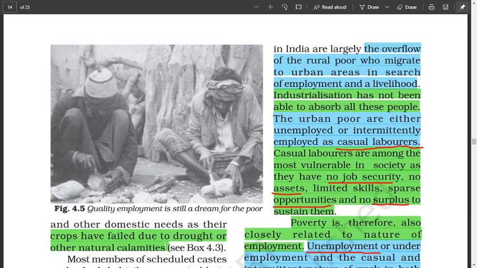So most of the people migrated in search of jobs, hoping that they'll be employed. But even in urban areas, there is a scarcity of jobs because of the slowdown in industries and because the service sector cannot absorb them. So that's why they face poverty even in urban areas.